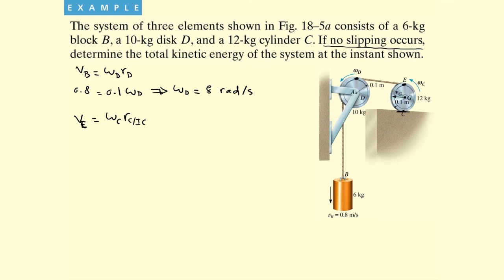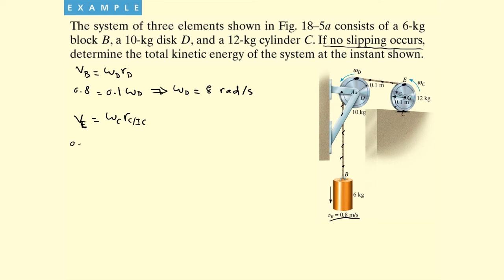Now the velocity of E, let's look at it. Velocity of B is given as 0.8. So it follows this cable. 0.8 is following this cable. It enters the disk because it's pure rotation at this point with the same velocity, and it comes here also with the same velocity, which is in the same cable. Since it is only one cable, the velocity in the cable is the same everywhere.